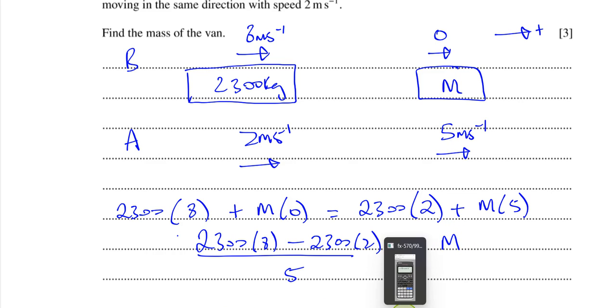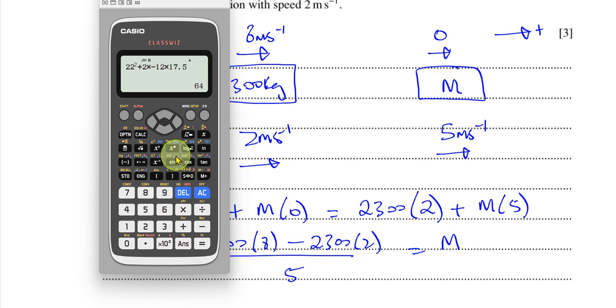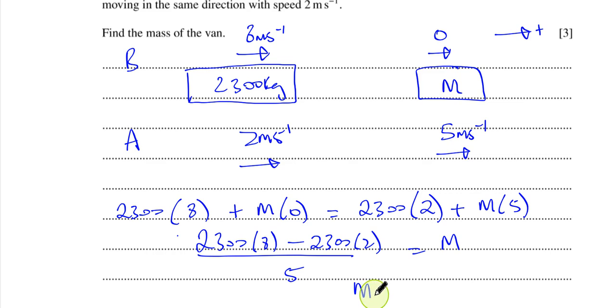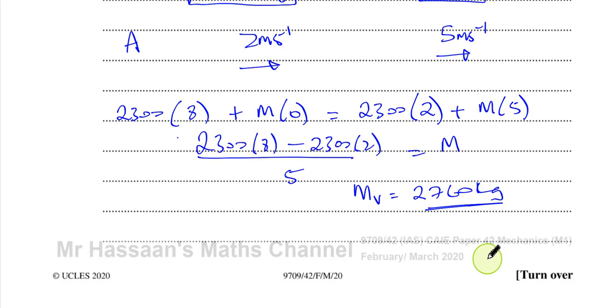So let's figure that out: 2,300 times 8 minus 2,300 times 2, all of that divided by 5. That gives us 2,760 kilograms. So the mass of the van is 2,760 kg. There's the answer to part D of this question.